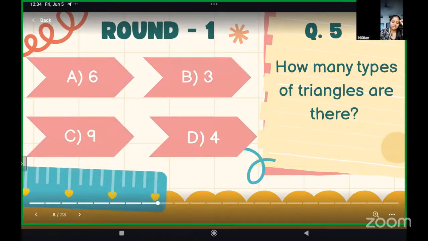Last, how many types of triangles are there, Joshua? Nine. Say again, unmute and say.